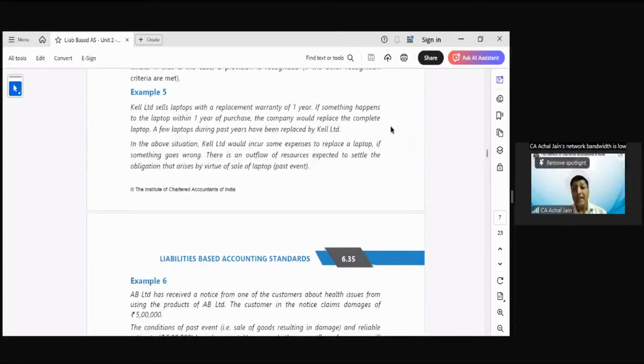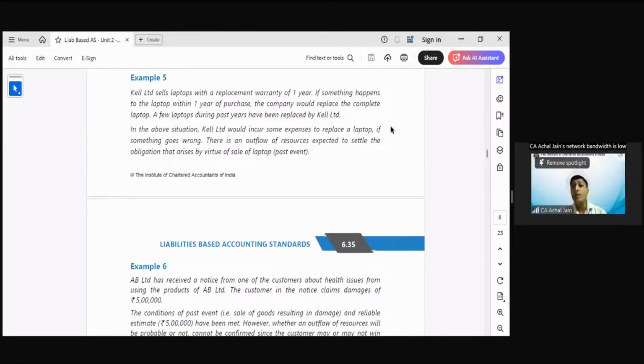In the above situation, Dell Limited would incur some expenses to replace a laptop if something goes wrong. So there is going to be an outflow of resources. Yes or no? So in the future, there will be an outflow of resources. Correct? And why is that outflow of resource going to happen? To settle the liability, or to settle the obligation that arises by virtue of sale of laptop.